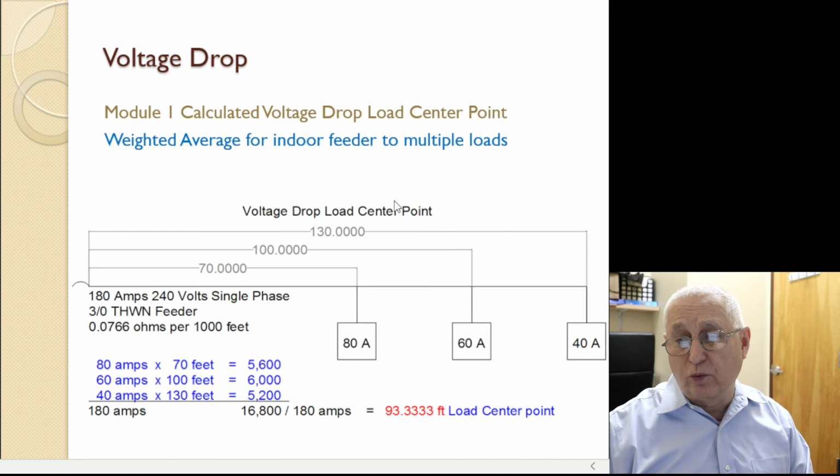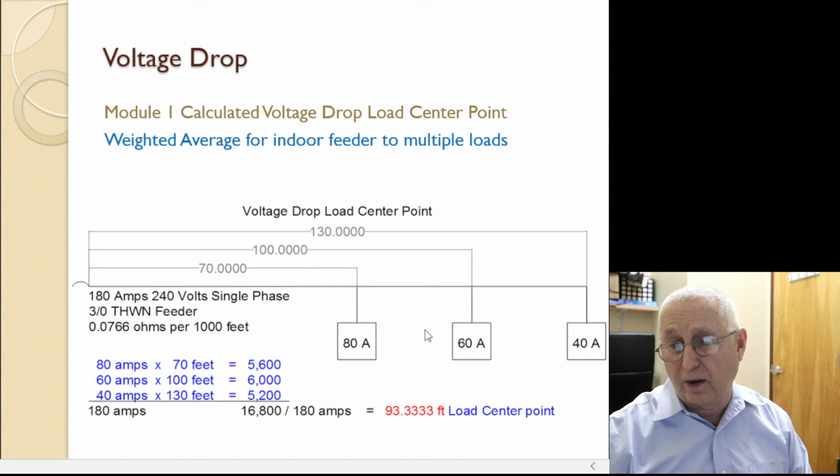I'm going to get on to another subject here in voltage drop. This is a weighted average for an indoor feeder to multiple loads. This is a voltage drop load center point formula that we're going to look at here.